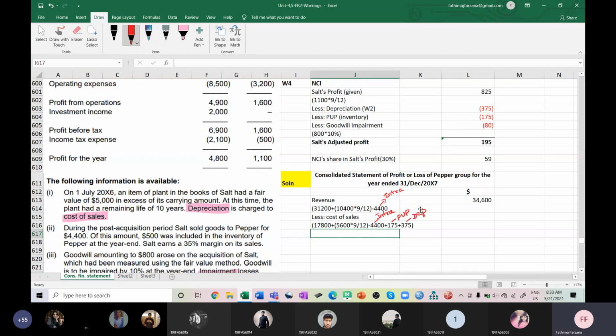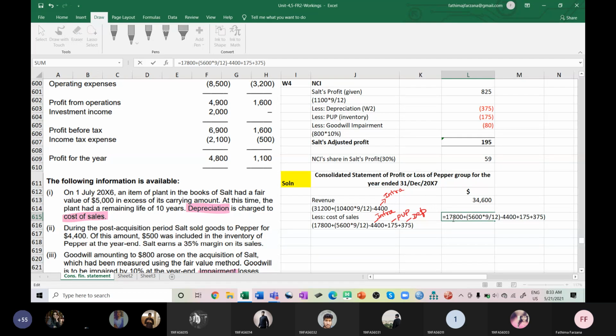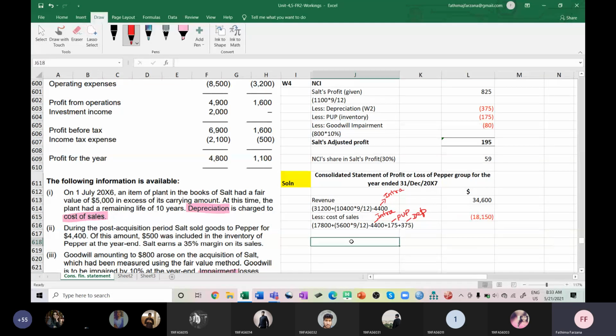So this is equal to 17,800 plus, 18,150. Okay, so cost of sales done.